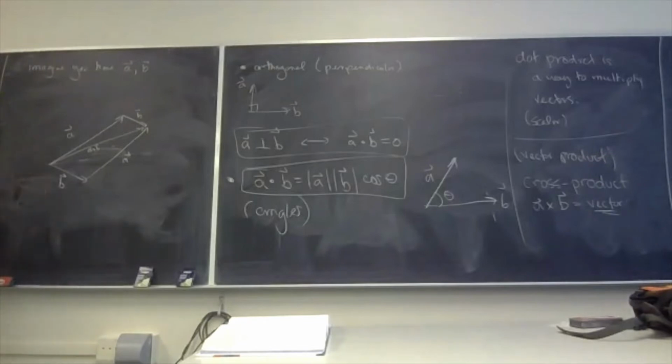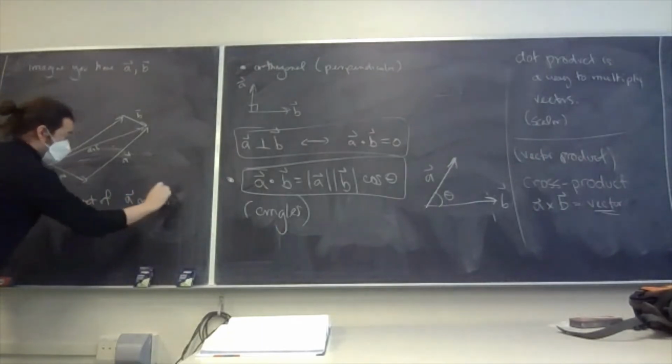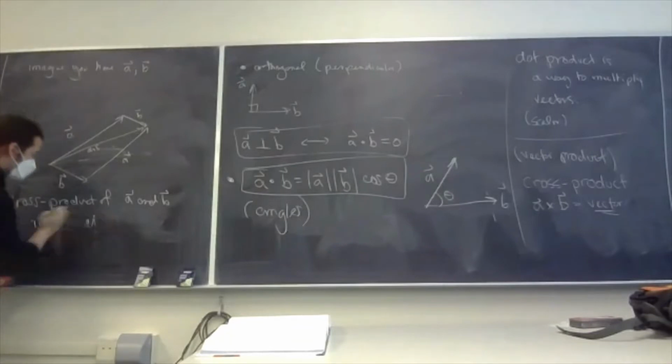and everyone in here has seen the cross product before in some setting, is that it tells you what the area of that parallelogram is. So the cross product of A and B is defined not to make orthogonal vectors.